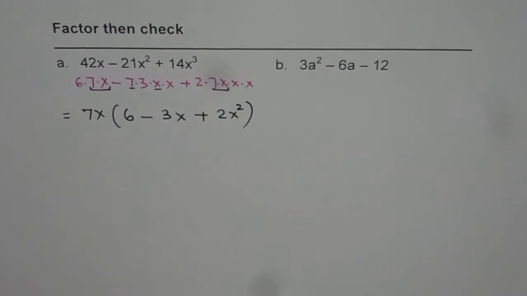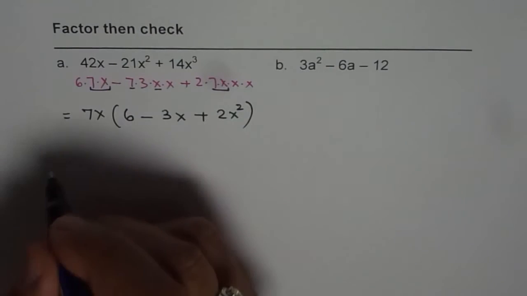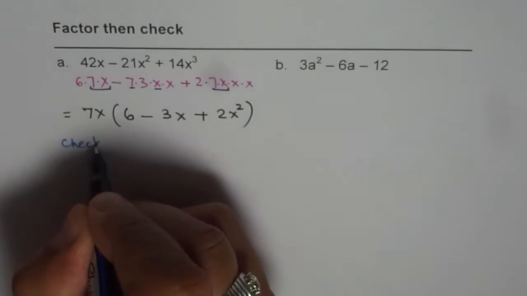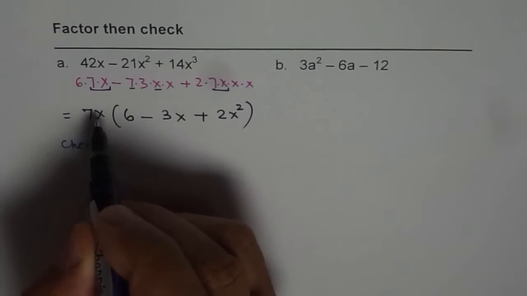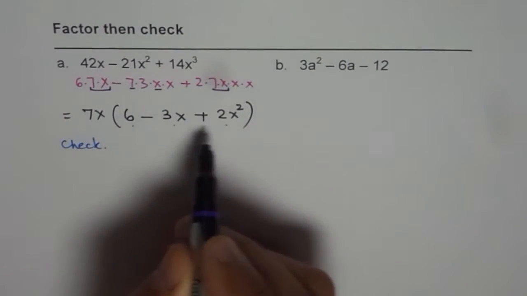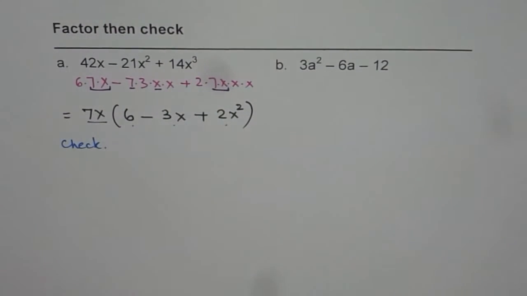Now let's see how to check the solution. To check the solution really means to write this product form into its sum and difference form, right? So we'll apply the distributive property. That means we'll multiply each term within the bracket by 7x.